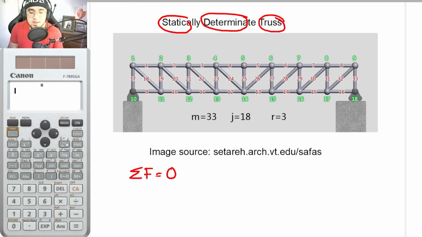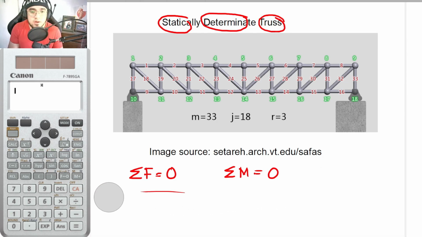Also, an entity will not rotate or twist if the summation of moment is equal to 0. Satisfying these conditions means that the entity is under static equilibrium.